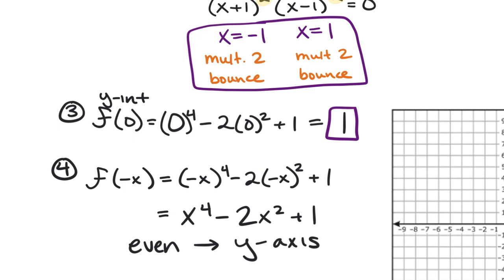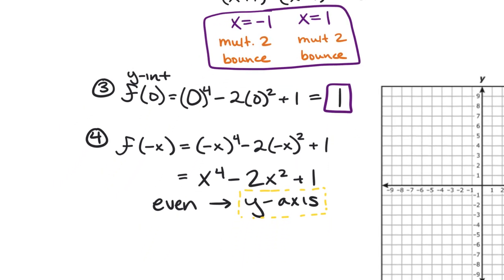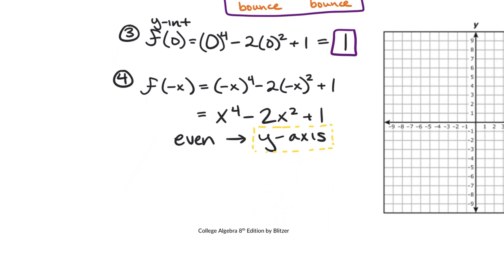So what happens on one side of the y-axis needs to happen on the other side of the y-axis. That's going to be our axis of symmetry. We do actually have one for this function. Our last step, just to make sure we have everything where we need, is to look at the turning points.